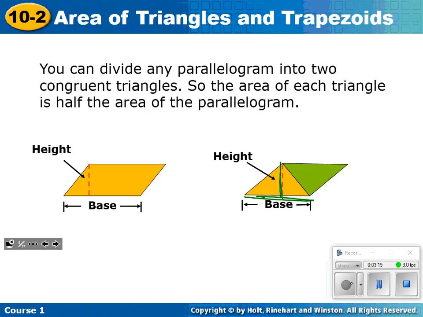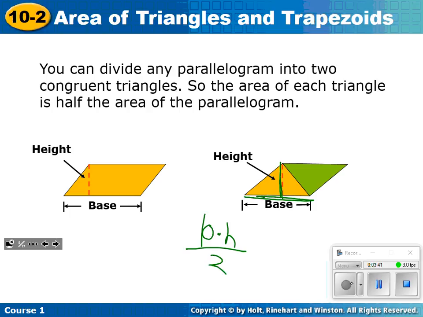Well, yeah, so if we have the area of a triangle, we do base times height, and then once we do that, we divide it by 2.